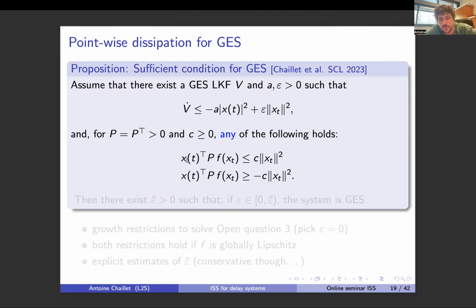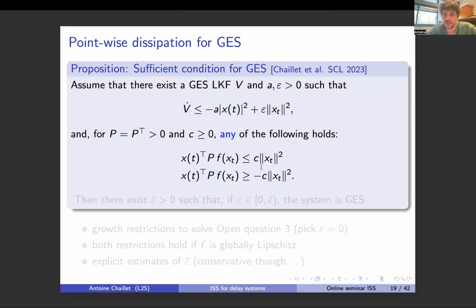In both cases, I compute x of t transpose P f. This is just the evolution of the norm induced by P along the solution of my system, if you want. So this condition imposes that this quantity does not explode too quickly, whereas the second condition imposes that it does not decay too quickly. So I have an upper and a lower bound.